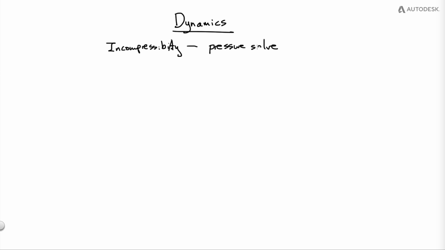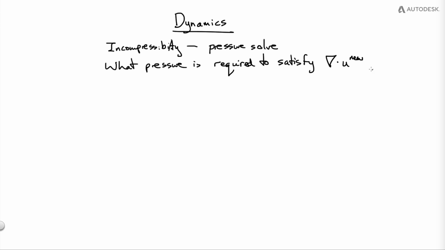So what pressure is required to satisfy that the new velocity, after we incorporate the pressure forces, should preserve volumes, or because this is the divergence operator, we might say it's divergence free.